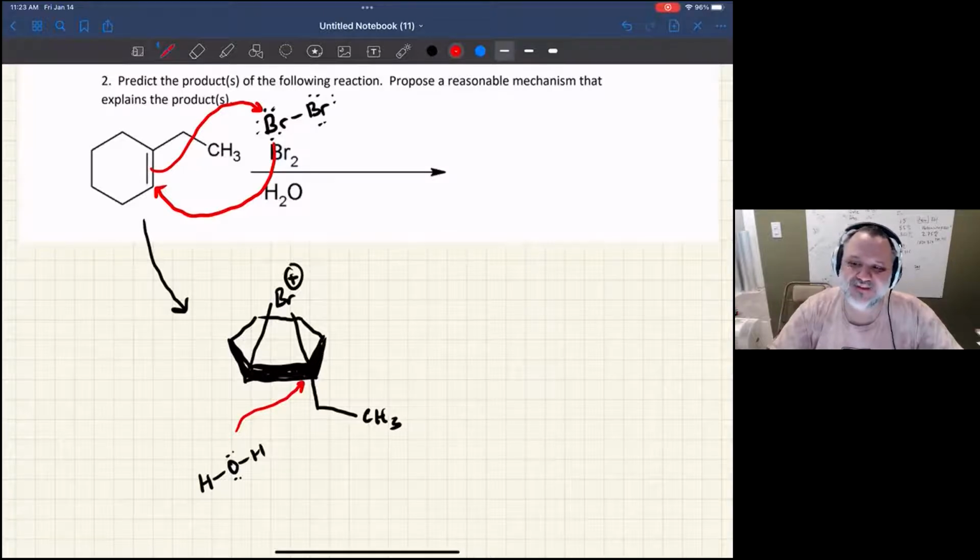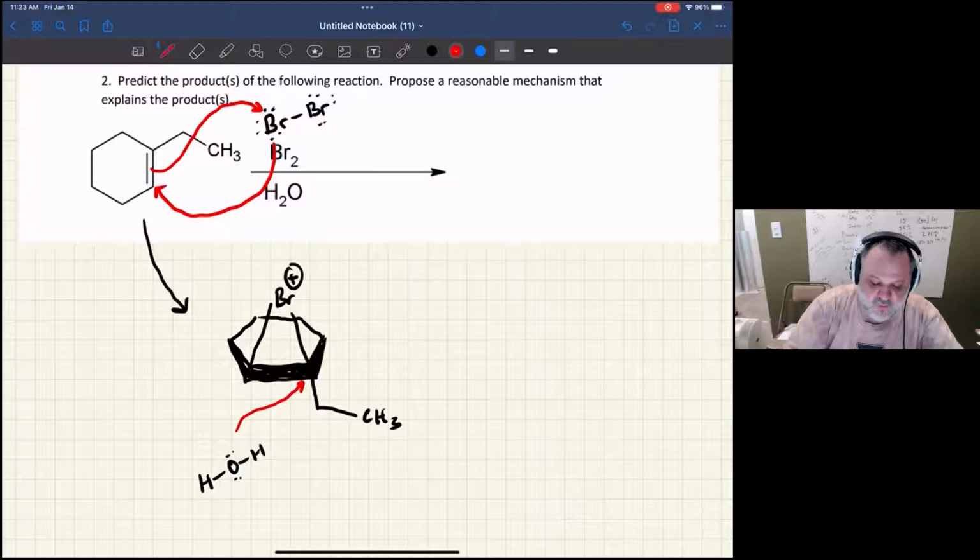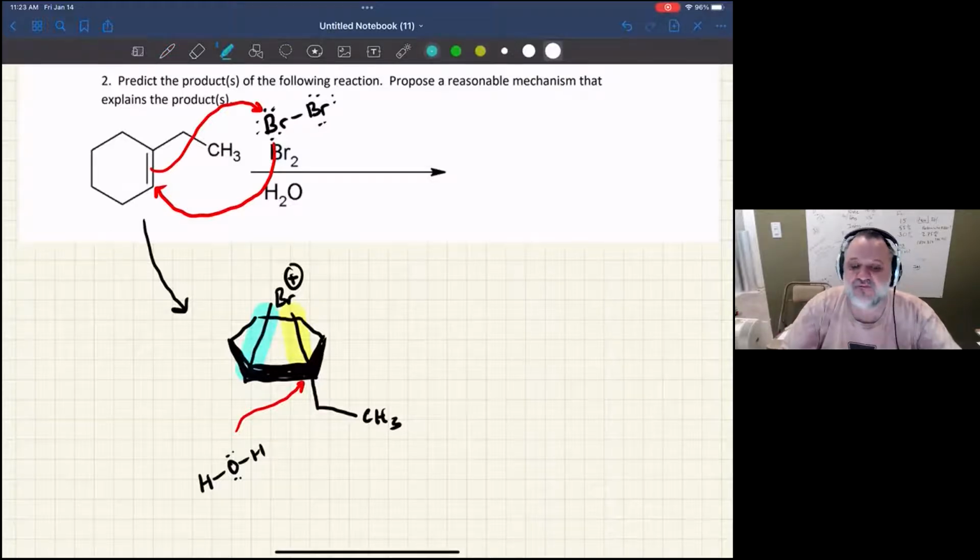And the reason is that the bromonium ion intermediate, we can kind of look at it like resonance, but really we want to combine it more with hyperconjugation, and this idea that one part of this ring could be a little bit more positive than the other part. And so at some point, one of these bonds is going to have to break so that the bromine can be singly bound to the ring.